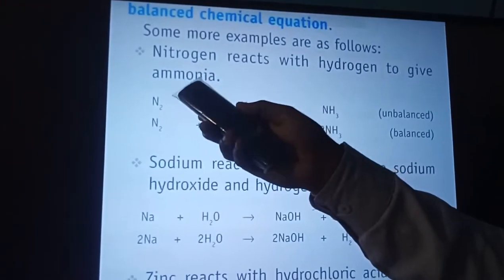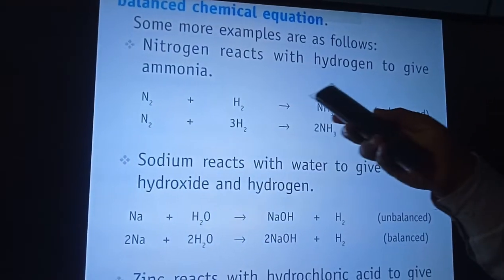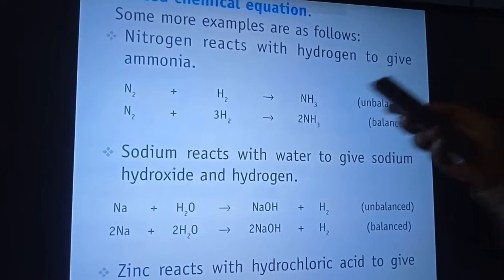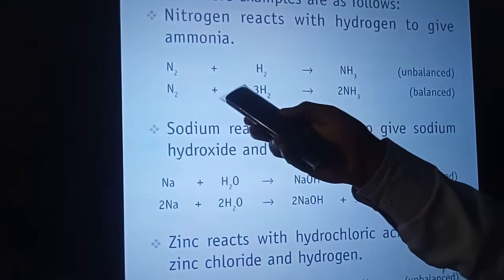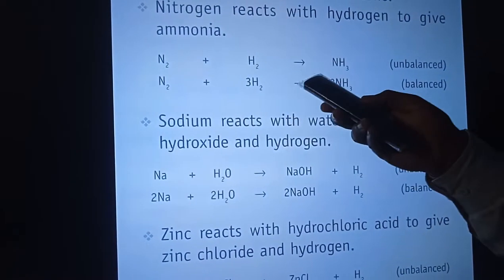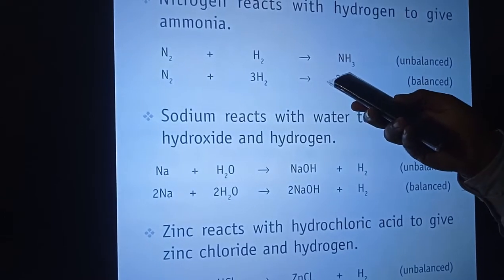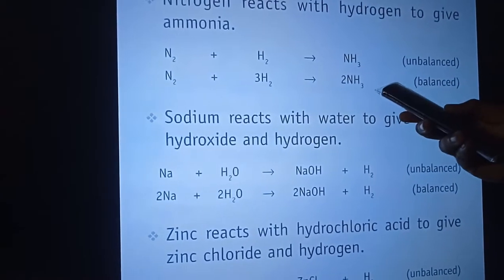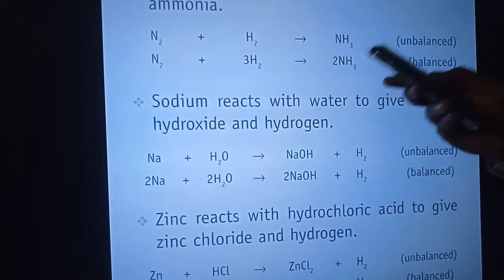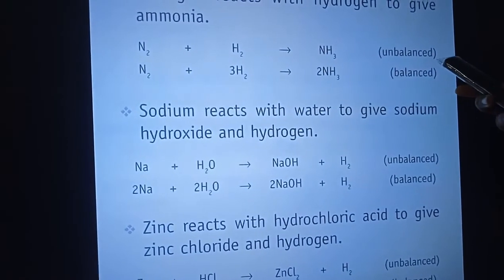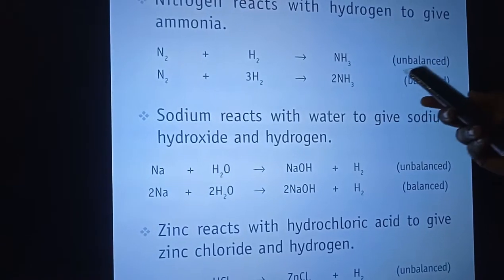Some examples are shown here. Nitrogen reacts with hydrogen to give ammonia. Here N2 plus H2, arrow, and finally the product NH3, which is an unbalanced chemical reaction.